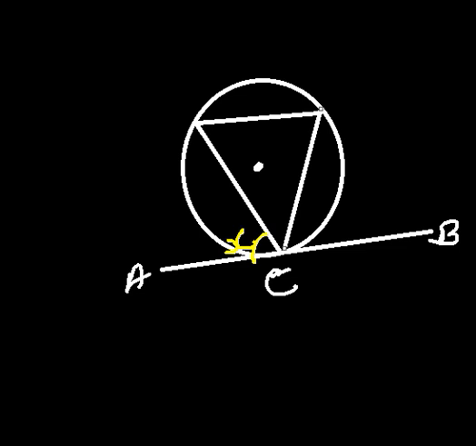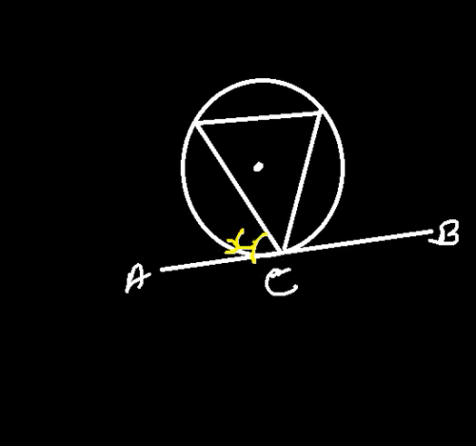You have to understand that this is the tangent line, and we have a chord drawn onto the tangent, and the angle which this chord forms with respect to the tangent is given as x.